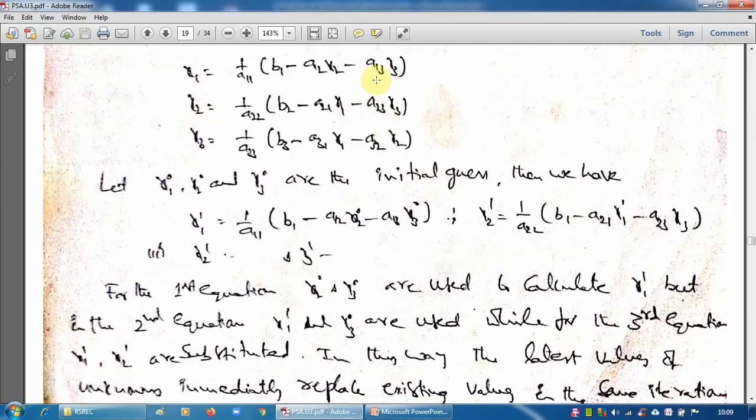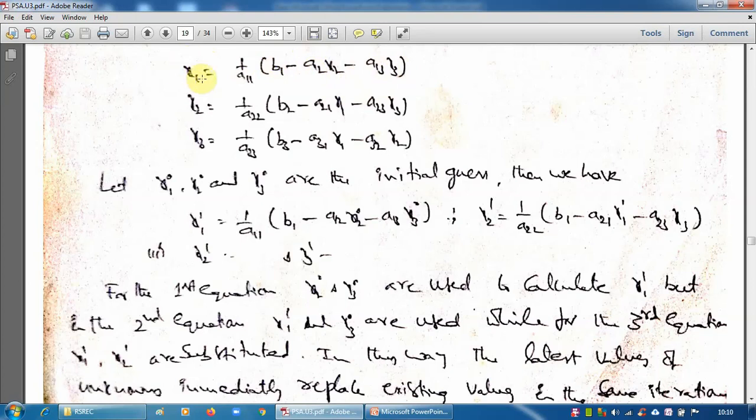These assumed values are substituted here in the RHS in place of x2 and x3. First x2 is substituted with x2 0 and x3 by x3 0. If we substitute x2 0 and x3 0 and calculate this expression, we will get some value.